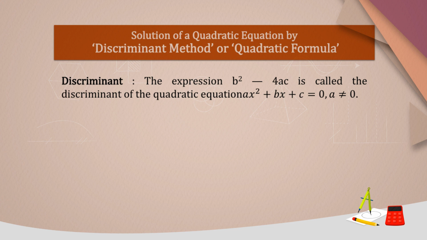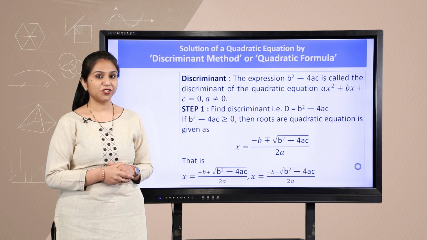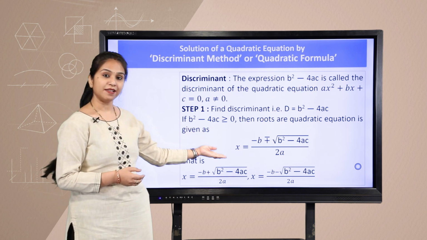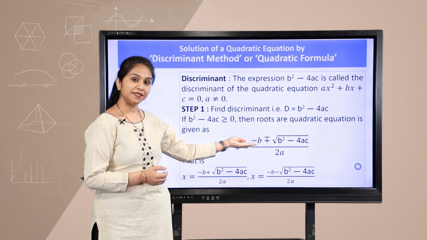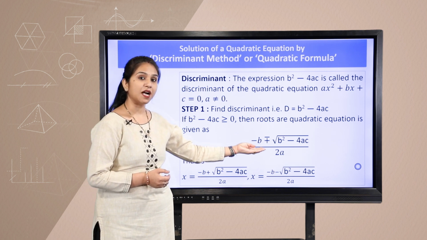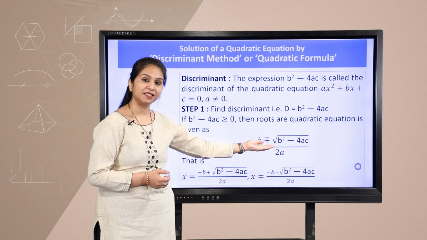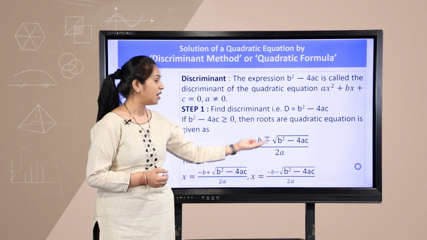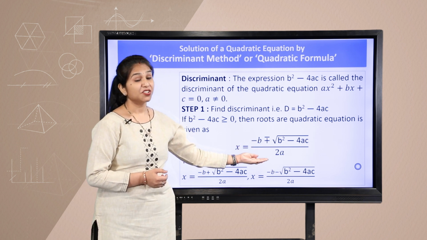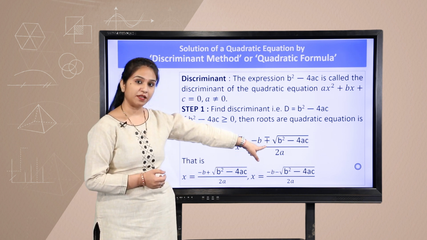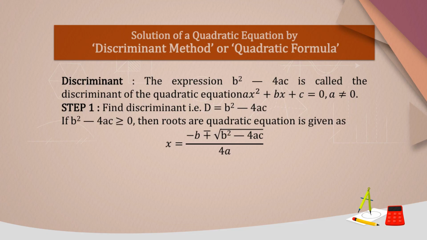If b square minus 4ac is either greater than 0 or equal to 0, then the roots of the equation are given as x equals minus b plus minus under root of the discriminant, that is b square minus 4ac, upon 2a. Children, you have noticed one thing: here I am using positive and negative signs together.